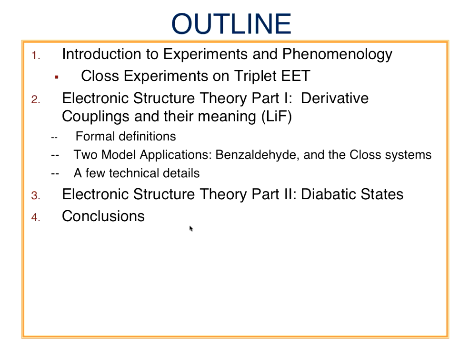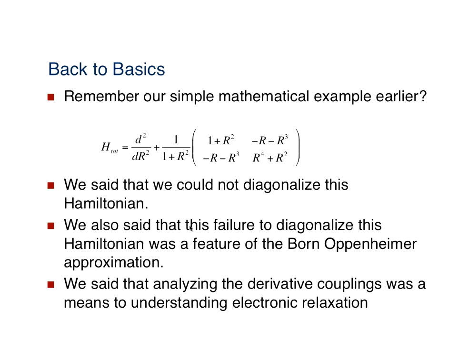Okay, back to basics. As far as diabatic states go, if we go back to our earlier example, I told you that if you have a Hamiltonian which is a very simple Hamiltonian like this, nobody knows exactly how to diagonalize this beast. Because if you diagonalize this part, you end up not diagonalizing this one.